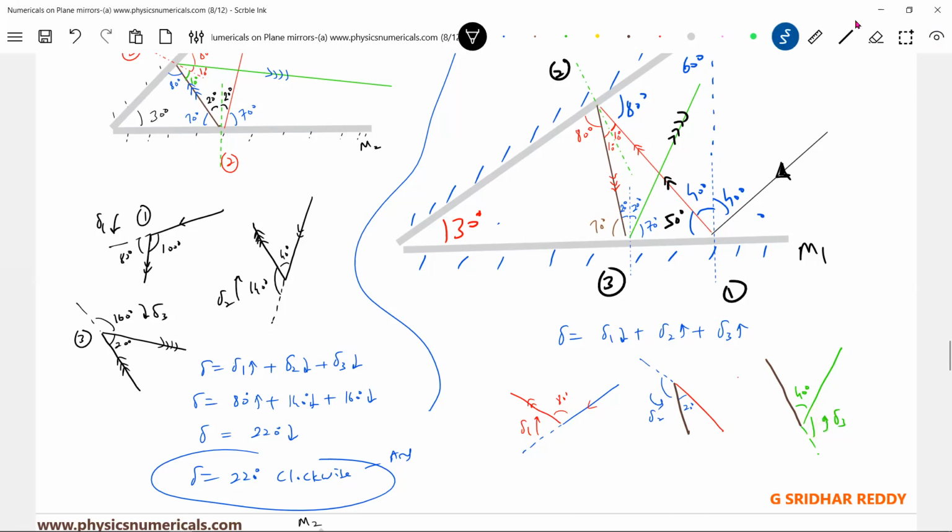So the net deviation: delta 1 is equal to 100, delta 2 is equal to 140, delta 3, sorry, 160. Delta 3 is equal to 140. So 200 degrees clockwise or 200 degrees counterclockwise.